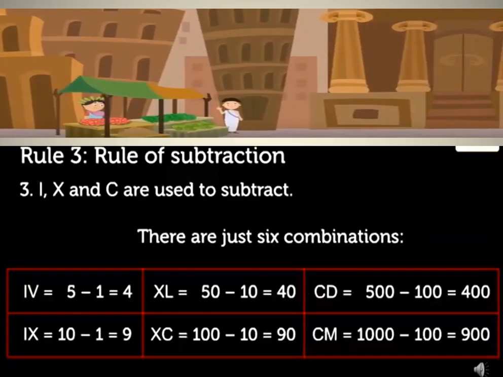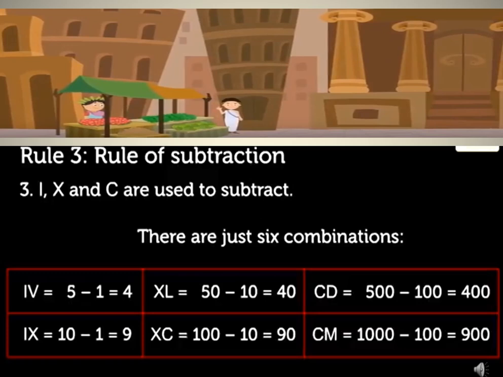In rule of subtraction, I, X and C are used to subtract. There are just 6 combinations. IV is equal to 5 minus 1 is equal to 4. IX is equal to 10 minus 1 is equal to 9.